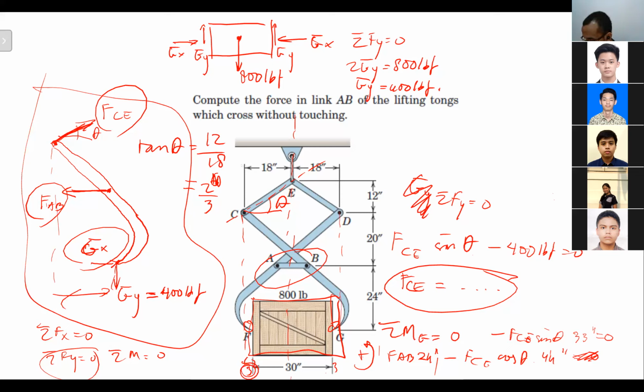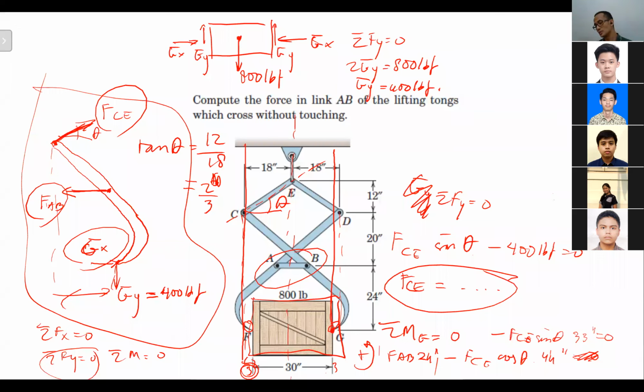So it's basically from here to this one, right? Is it not from B? You are doing sigma moment at G, right? Oh yeah, I forgot. You are doing sigma moment at G. Why suddenly move it there?